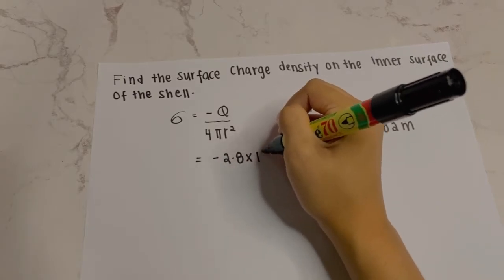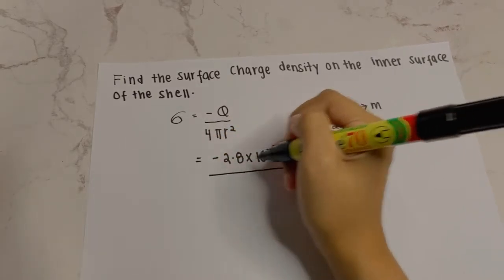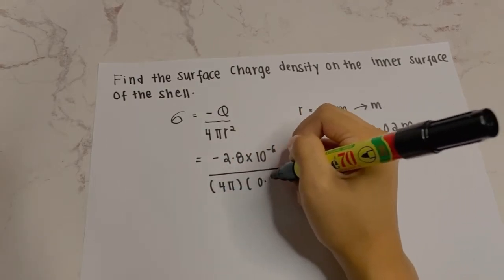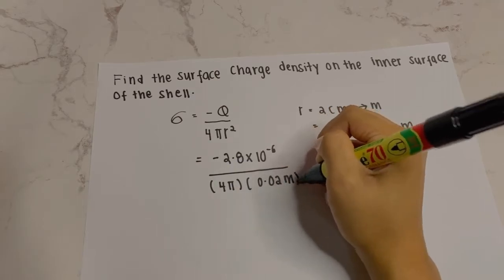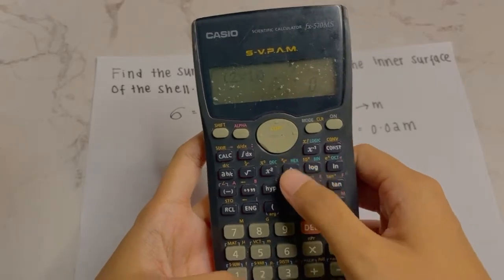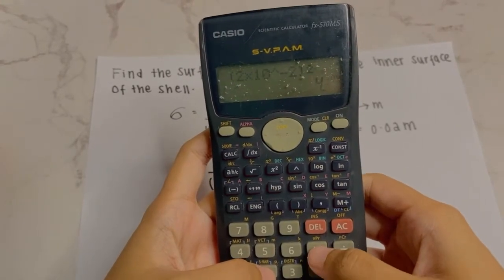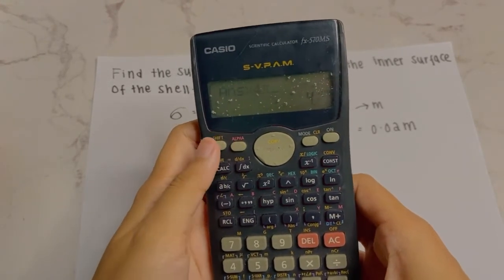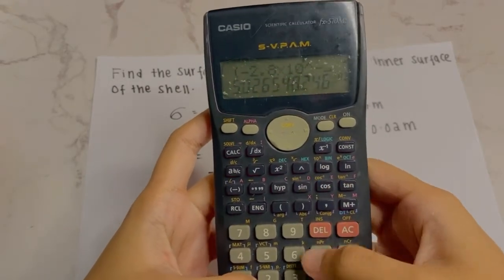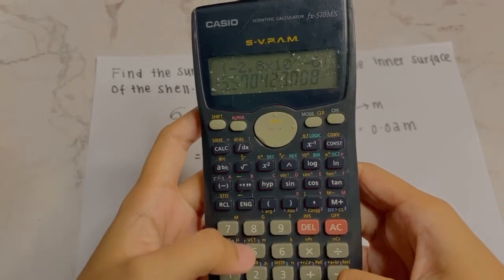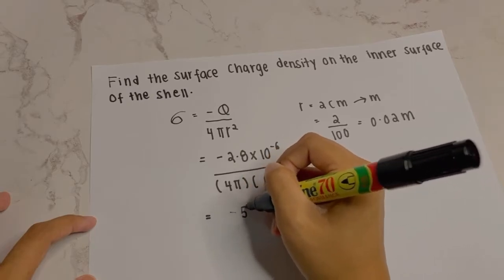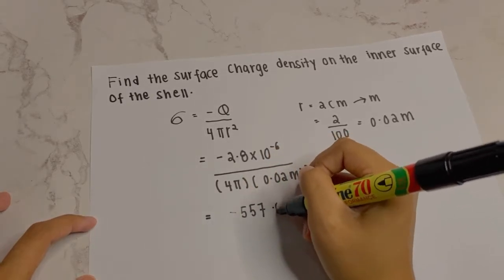Putting in the values, we have 2.8 micro divided by 4 pi multiplied by 0.02 meter squared. Using the calculator, we got the answer of negative 557.04 microcoulomb per meter squared.